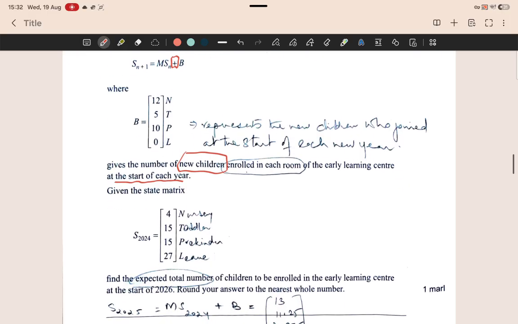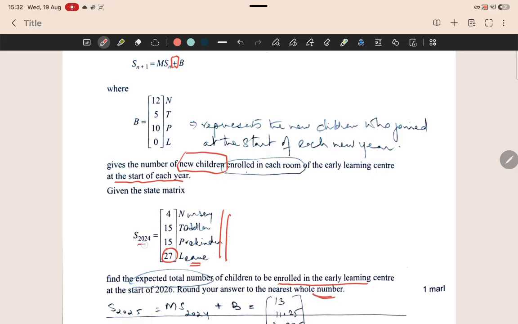Given the state matrix as this new matrix, they also here introduce a new one called leave. So many children leave each year. Find the expected total number of children to be enrolled in the early learning center, rounded to the nearest whole number.